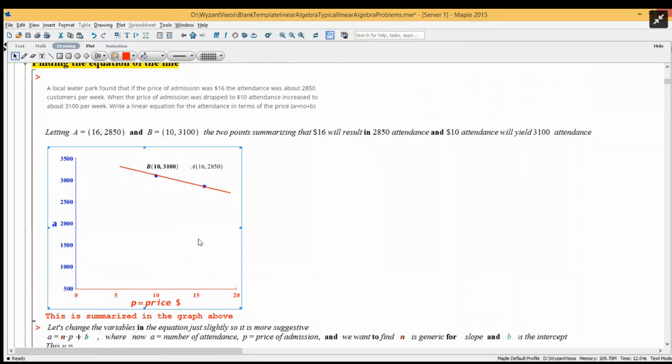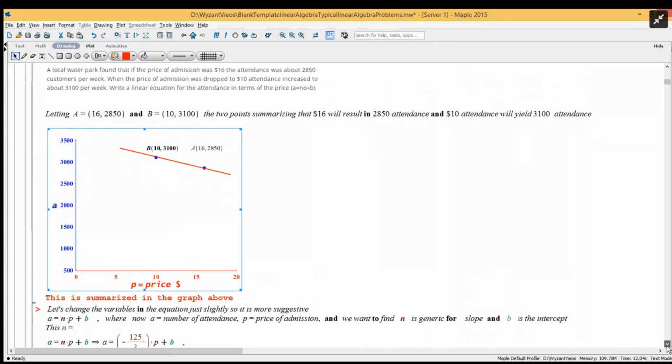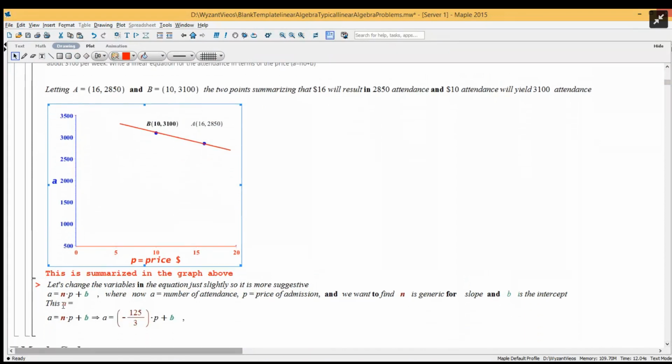Well, the equation of the line is exactly in the form of A equals n times p plus b, where now A is the number of attendance and p is the price. We want to find n, which is generic for slope, and b is what we commonly refer to as the intercept.